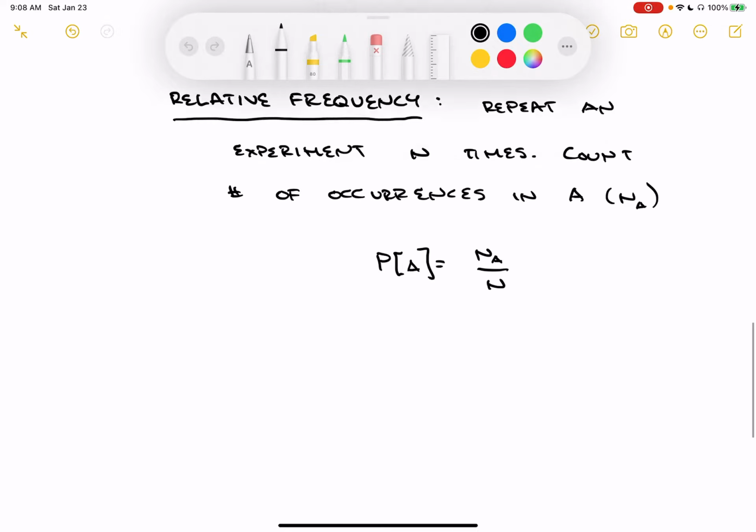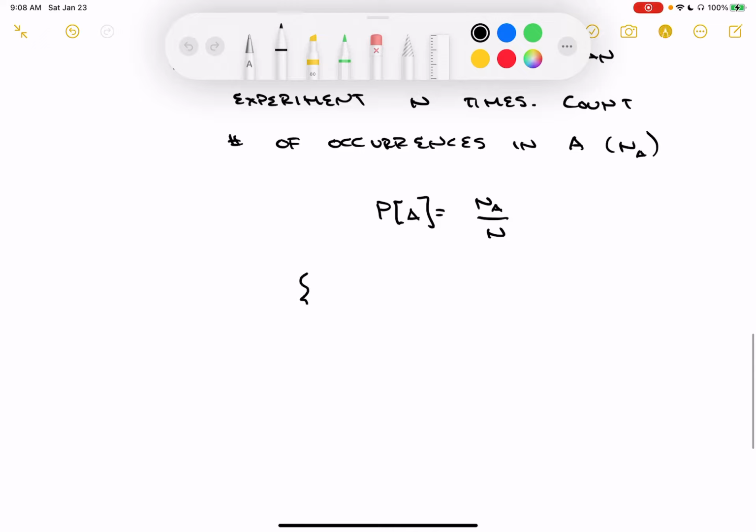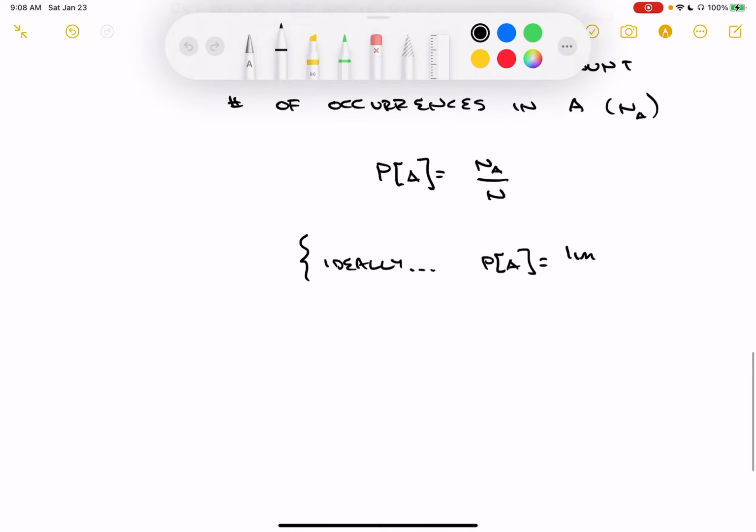Now, if we were going to do this in a really rigorous way, more ideally, we would say the probability of A is the limit as n goes off to infinity. So you repeat this as many times as you possibly could and count all of those occurrences in A. If we do it in a limiting process, we would expect to keep getting a better and better estimate.